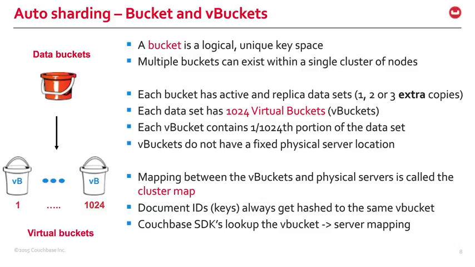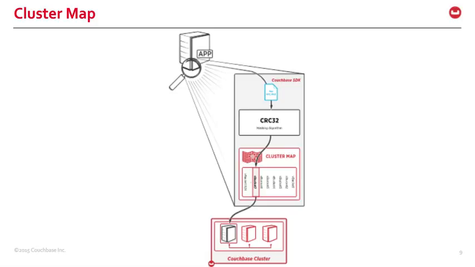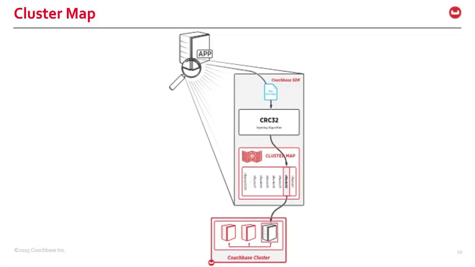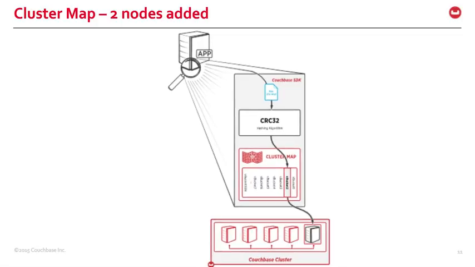What it does, using this hash algorithm, when you actually connect to Couchbase, there's something wrong with the slide here. Apologize real quick. So what happens is, as you add nodes within the cluster, when we rebalance, since we have 1,024 partitions that we refer to as vbuckets, or virtual buckets, what we do with those is we distribute those evenly throughout the cluster.